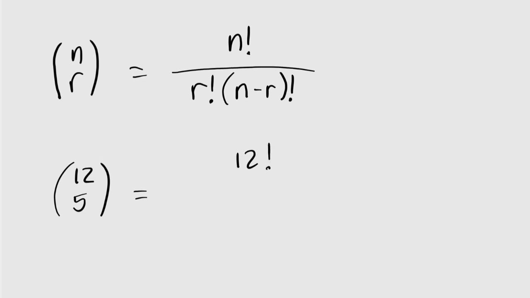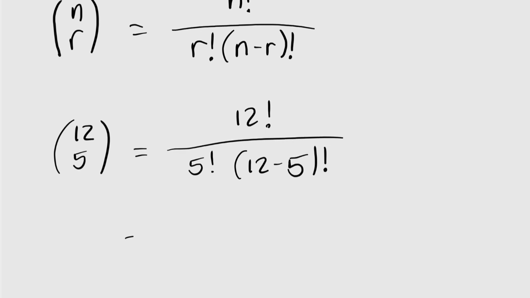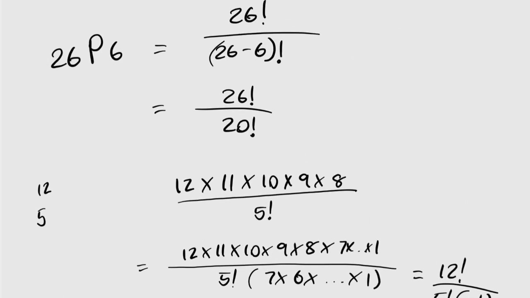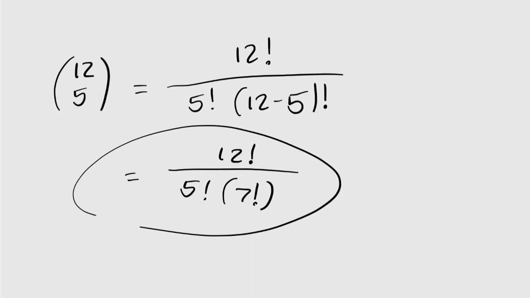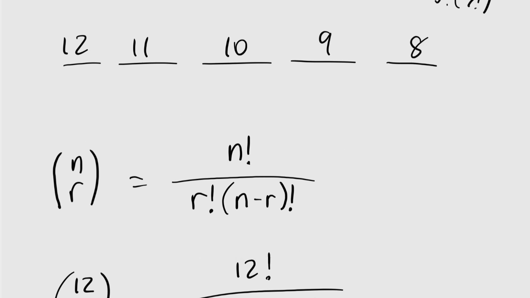Then you say 12 factorial over 5 factorial times (12 minus 5) factorial, and that's just equal to 12 factorial over 5 factorial times 7 factorial. And that, as you can see, is the same answer. Again, there's a proof for this, but I'm not going to go into the proof.